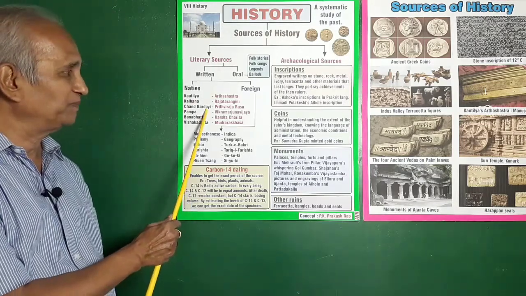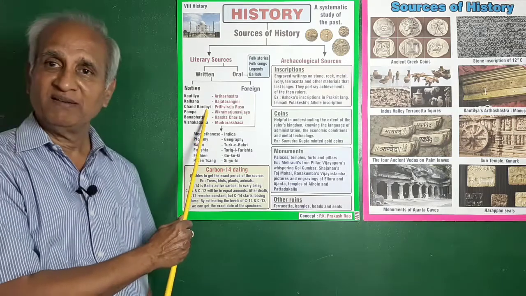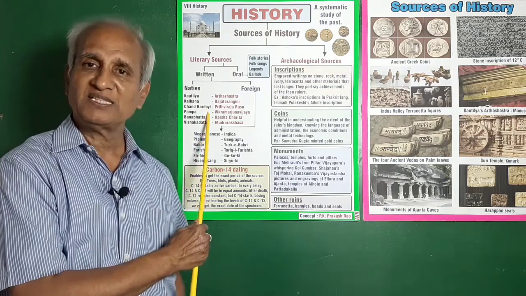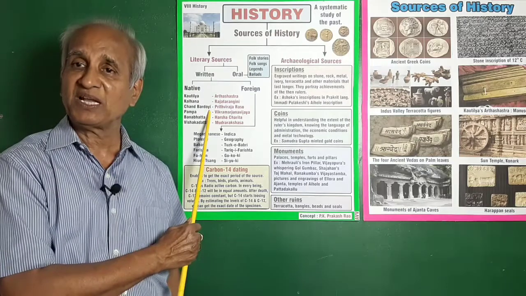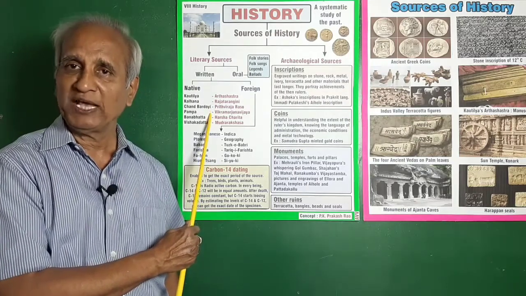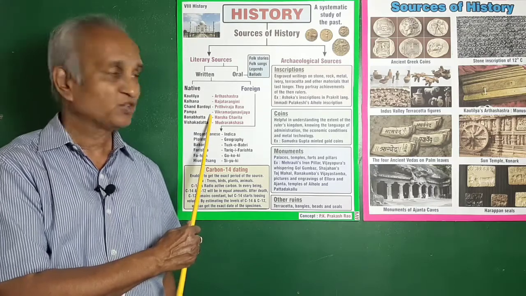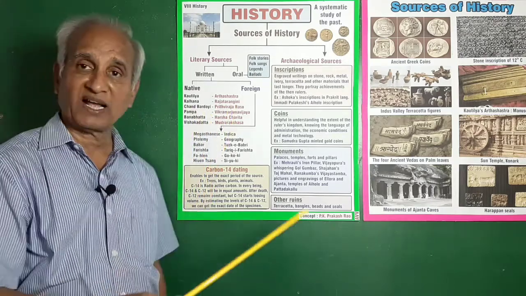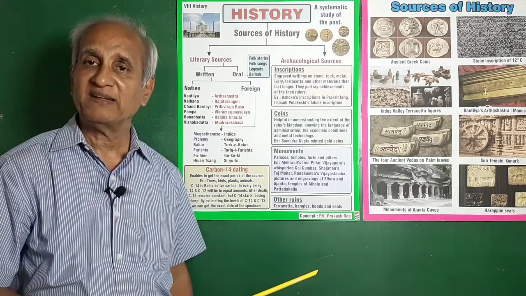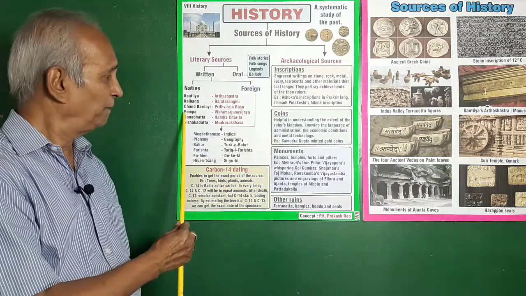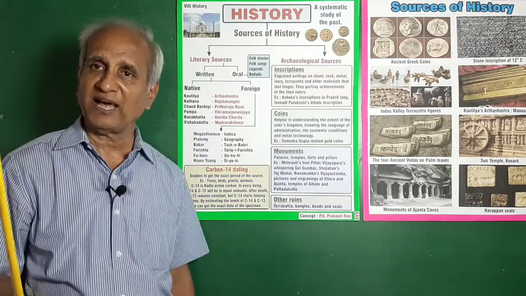Chand Bardoy is from Prithviraj Chauhan's period. Prithviraj Chauhan was a Rajput, a great emperor of Delhi. So he wrote about Prithviraj Raso's period, his reign. Reign, it is not R-A-I-N, reign.